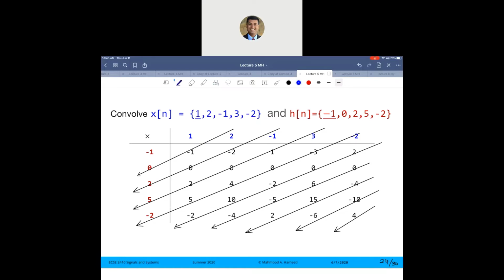I get my answer in, say, pink. Y of, what is the index there? The index would be 0 plus 0. So y of 0 is, what are the elements being added? Just 1. Negative 1 is the answer there. Y of 1 is negative 2 because 0 minus 2. And then similarly, I can fill up the entire output sequence here. 2 plus 1. 9 minus 3.